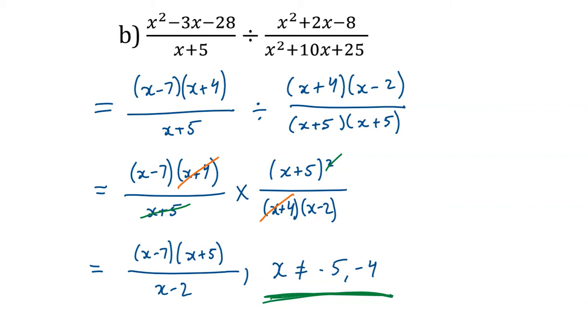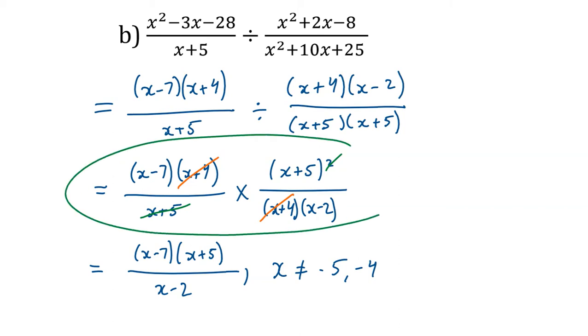So those really are the only values we have to include for our restriction set. Okay, I hope that makes sense. So that kind of means anything that gets divided out is going to be a restriction, right? Because it's disappeared and it's no longer in your final result.